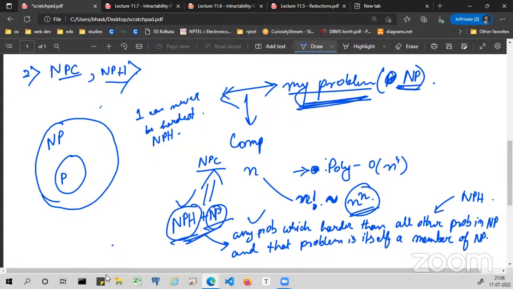NP means verifiable in polynomial time, and NP hard means hardest of all other NP problems. So any problem which is harder than all other problems in NP, and that problem is itself a member of NP, then we call such a problem an NP complete problem. So if I draw it, it would be something like this.